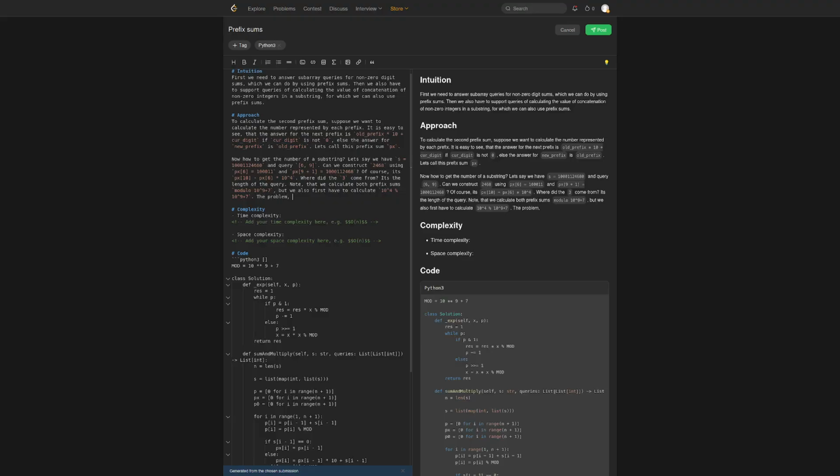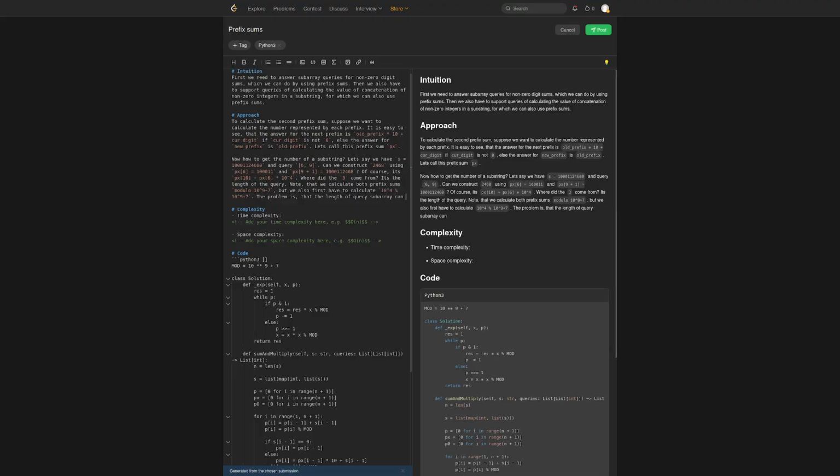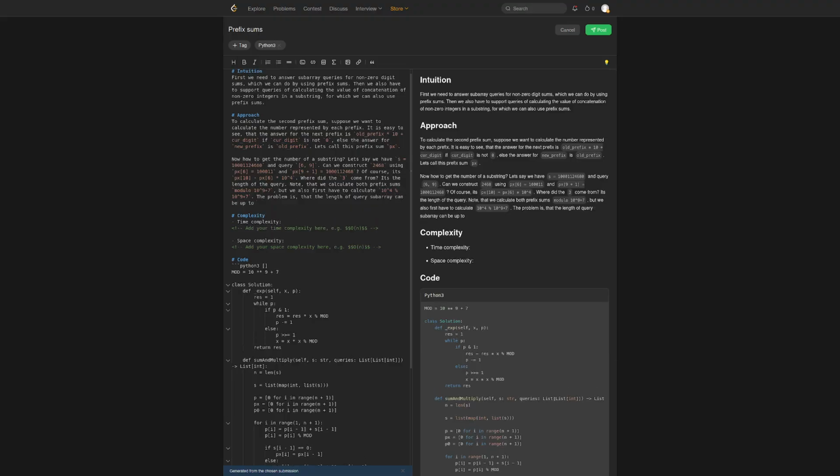The problem is that the length of the query subarray can be up to n, and the multiplication would be slow.